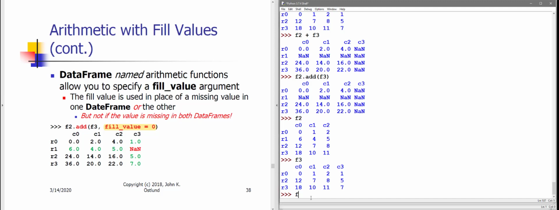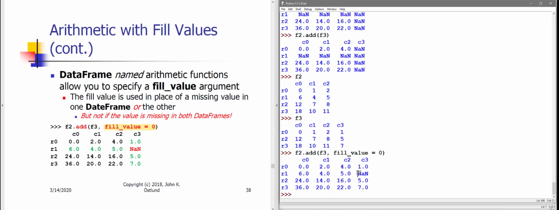In other words, if I say F2 dot add F3 with a fill value equal to 0, for this cell, R1C3, I have no data of any kind, and the data frame add function here refuses to decide that, okay, well, in that case I'll just add 0 to 0 and get 0. No, in that case you're just stuck with a not a number for that.